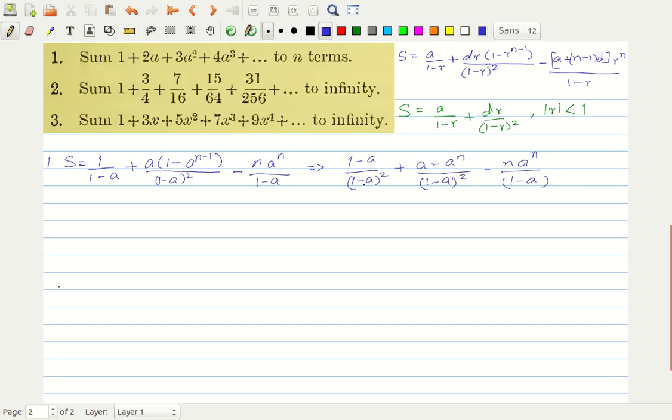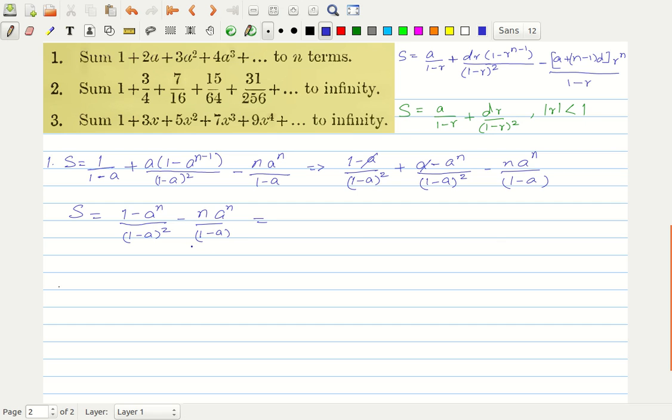So if you add these two, this a and this a will cancel, and what you will get is s is equal to 1 minus a to the power n divided by 1 minus a square, minus n times a to the power n divided by 1 minus a.